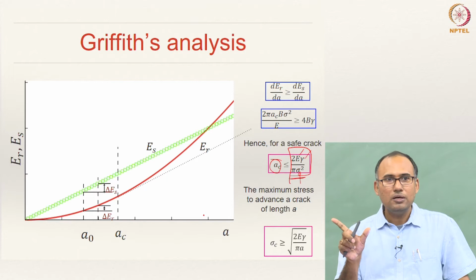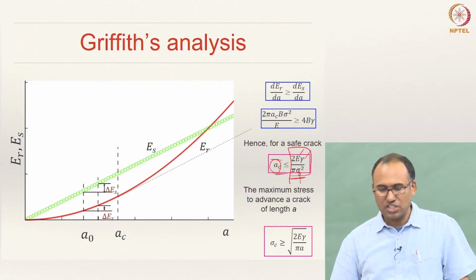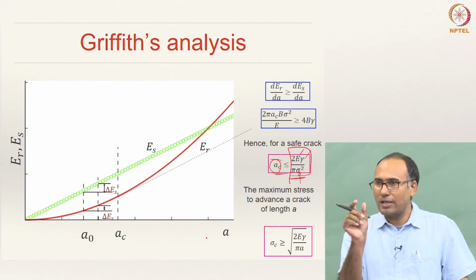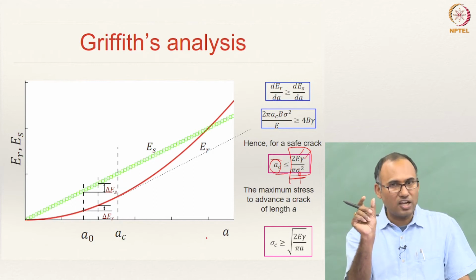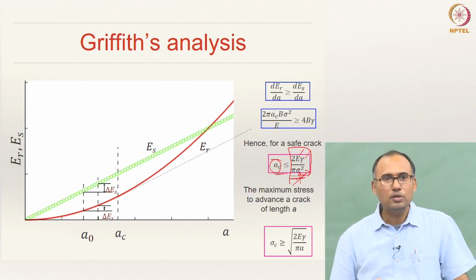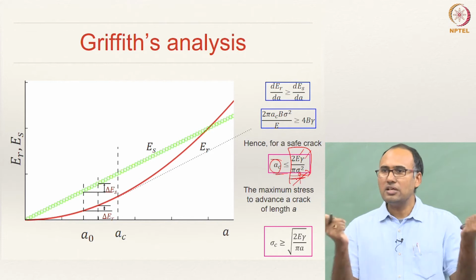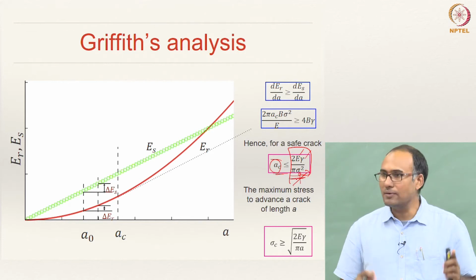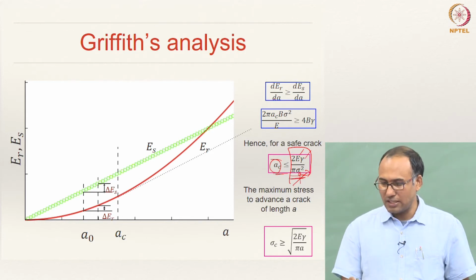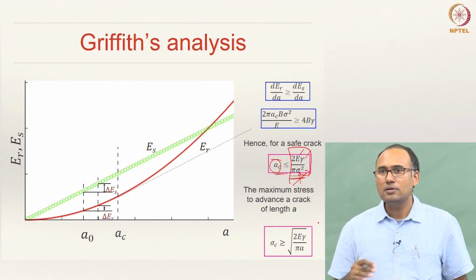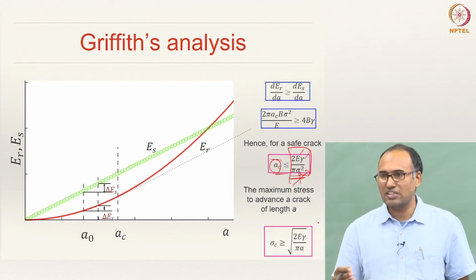But the moment this condition is not met, as soon as the crack length is larger than this value, the crack suddenly runs through, because then you meet the condition that the energy release rate dE_r/dA is greater than the rate of change of surface energy with respect to the crack length.